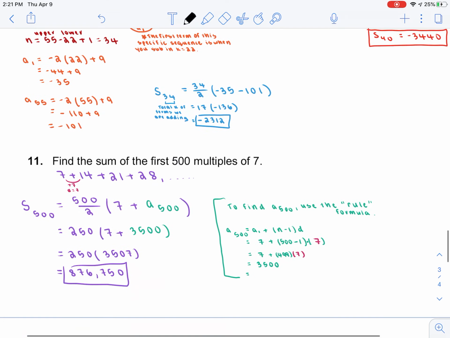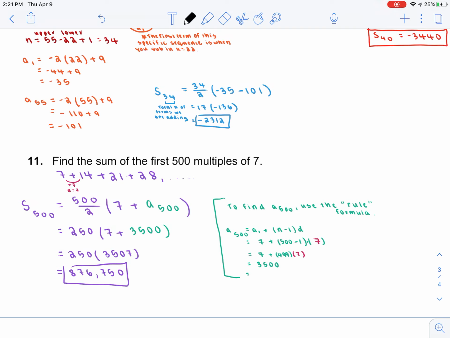The final problem, if you ever don't know what to do, start writing out the sequence or the series for this. If I want the sum of the first 500 multiples of 7, write a few multiples of 7. 7, 14, 21, 28. Think about how your common difference here is 7.